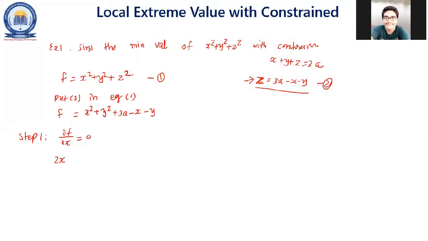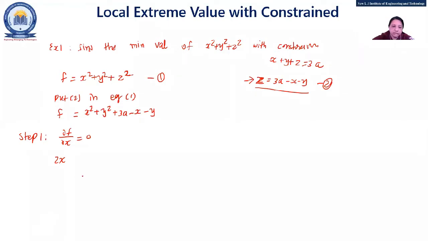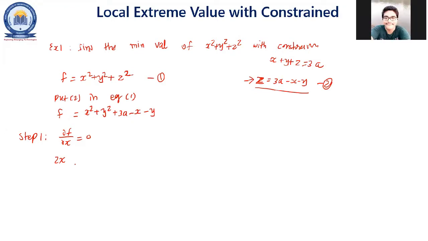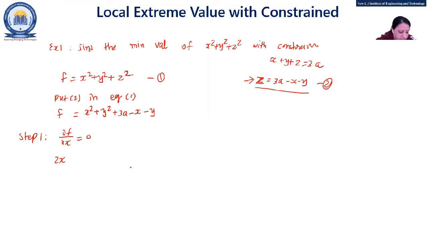Ma'am, it will be 2x plus 2 bracket x plus y minus 3a. Okay, 2x, can you repeat? Just a minute, some mistake is there. It is 3a minus x minus y, the whole square will be there, since f equal to z square.